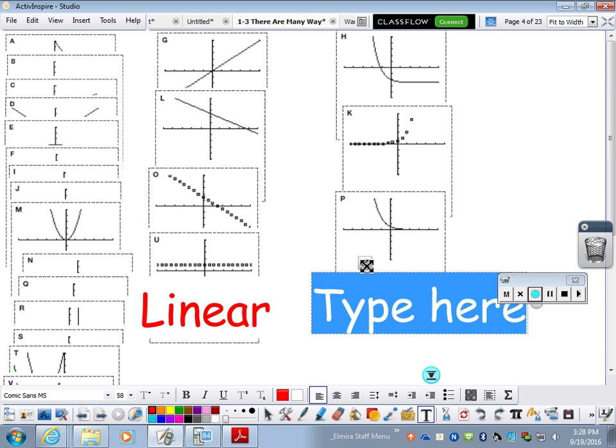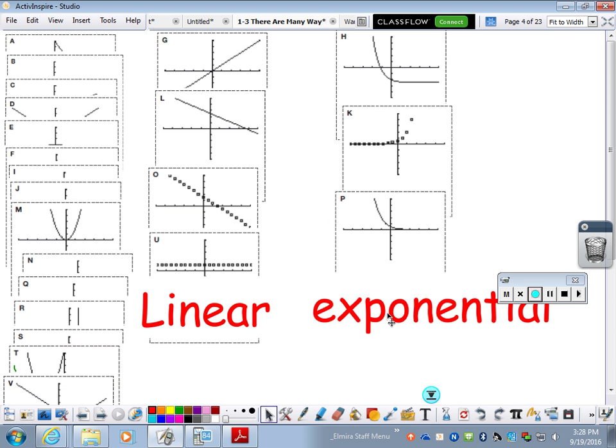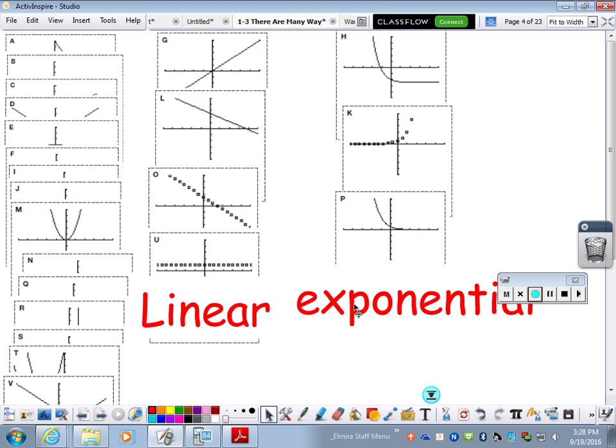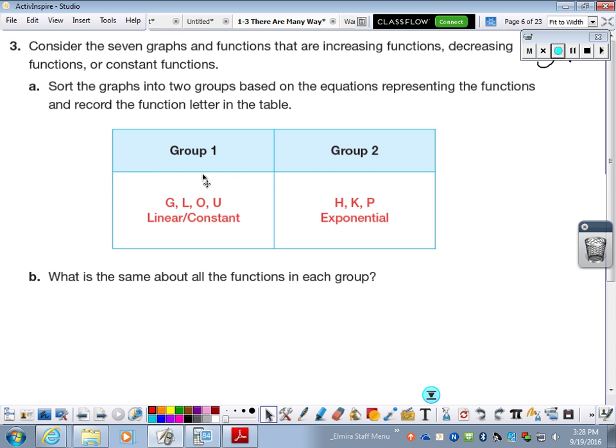They are called exponential functions, the ones that are curved and appear to have a flat area. When we talk more in depth about exponential, you'll learn that they don't really have a flat area. But those are the two groups. These are the linear ones. These are the exponential ones.